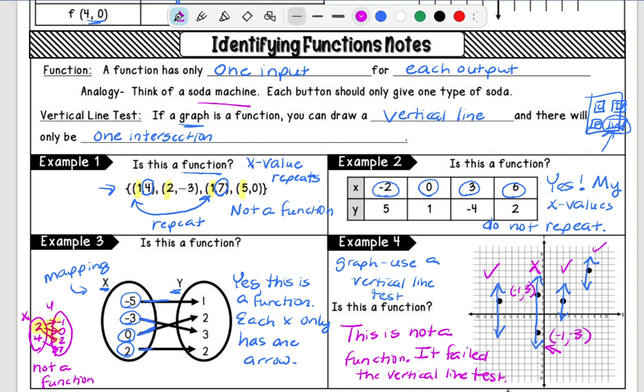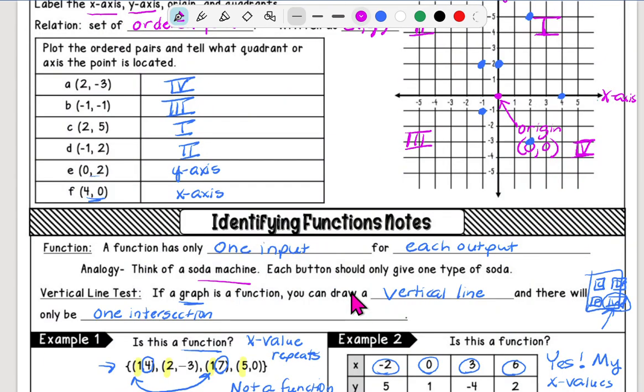That makes it not a function. When you are putting in one x value and it gives you two different answers, or even more than two answers, that's why the vertical line test works: it's identifying the number of answers you get per one x value. Okay, so that is all the examples.